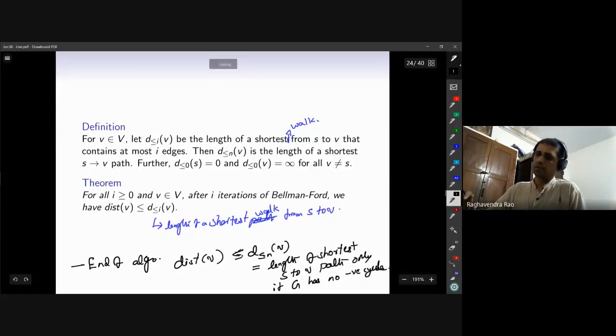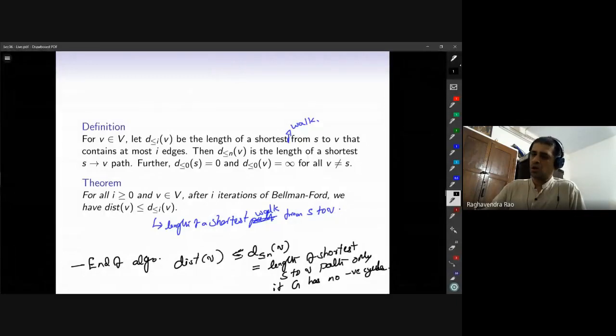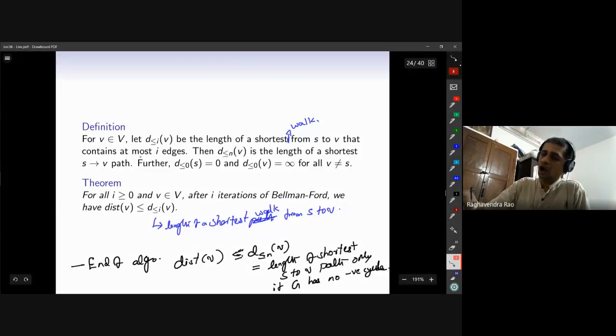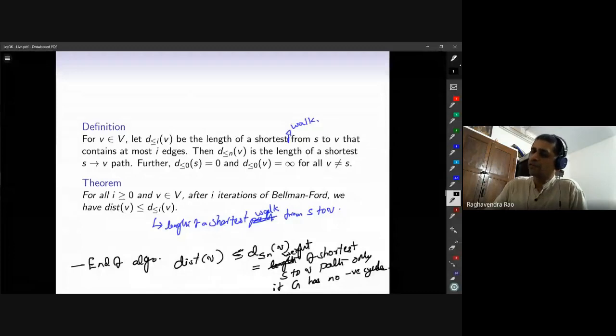Okay, so that's pretty much it. So the value that we got is the weight of a shortest path, not length, weight. It is a shortest path if and only if G has no negative weight cycle.